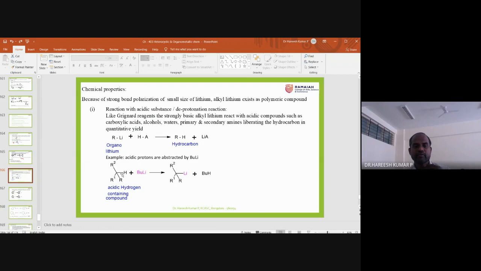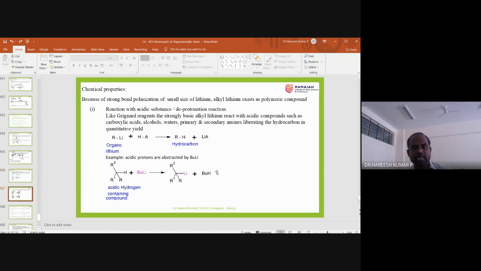And lithium can form a bond here. This is a carbanion or an organolithium compound. Of course, this is reactive. This is a byproduct, a gas, it will go out. So this is about the reaction of organolithium with acidic substances.